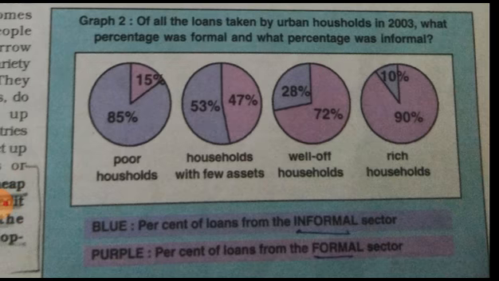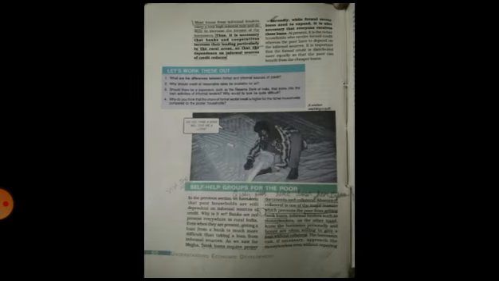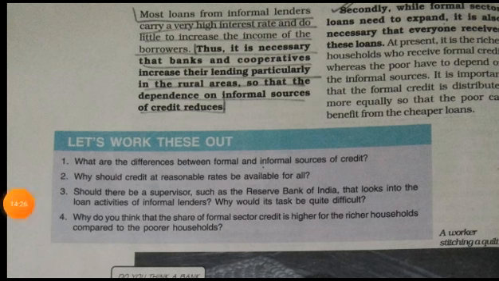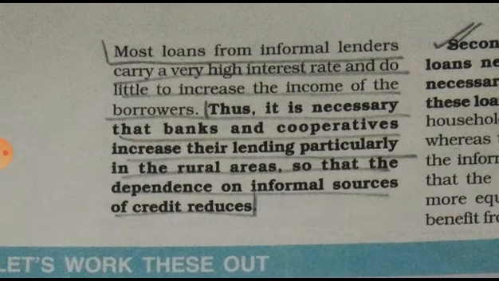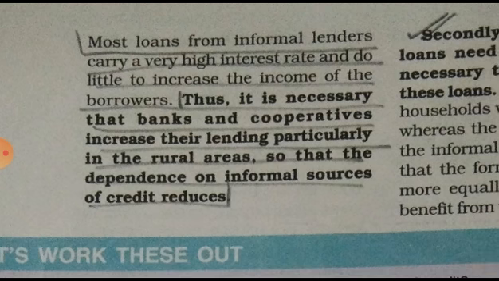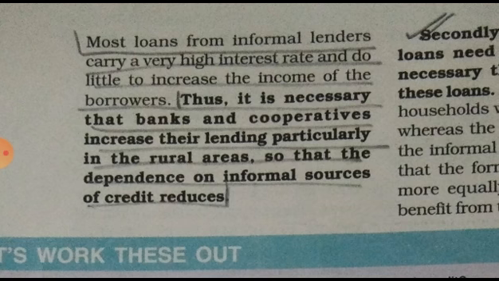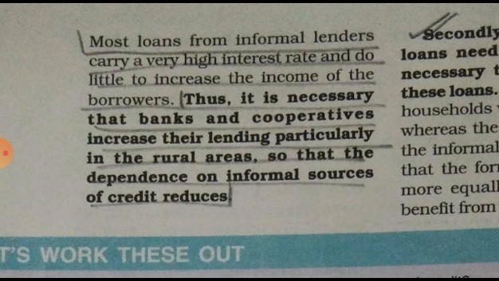Then, most loans from the informal lenders carry very high interest rates and do little to increase the income of the borrowers. The borrowers' income is very low, because most of their income goes in the repayment of the loan to the informal sector.